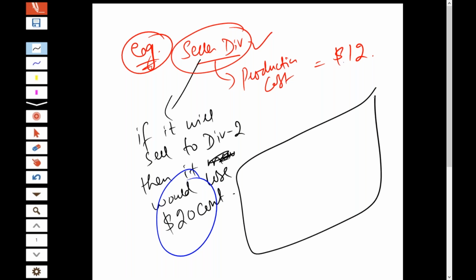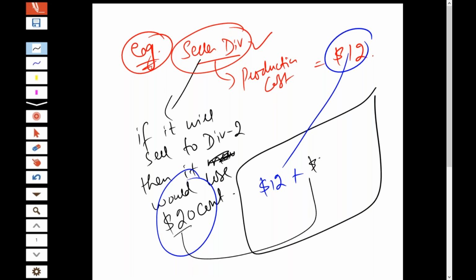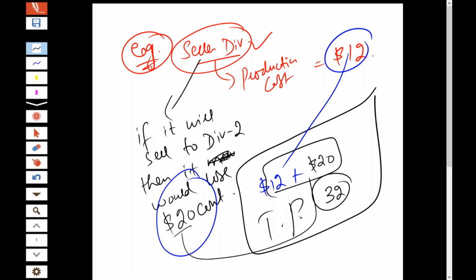How much will I charge? $12 is my production cost. Then I will estimate that if I sell this product to you, I will lose my external customers and this 20 contribution. So naturally, I will also charge this from you. So I will quote $32 as the transfer price.